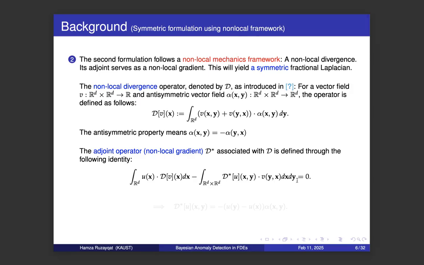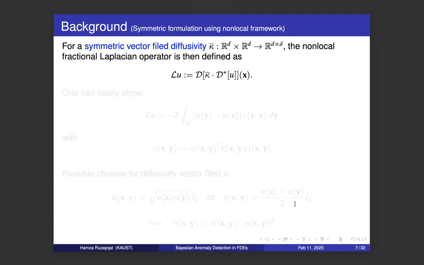And one can solve for this and get that the non-local gradient, or the adjoint operator, is minus u of y minus u of x times alpha xy. And now we define the non-local fractional Laplacian operator as the non-local divergence of this kappa, or with the line on the top, times the adjoint of the divergence.